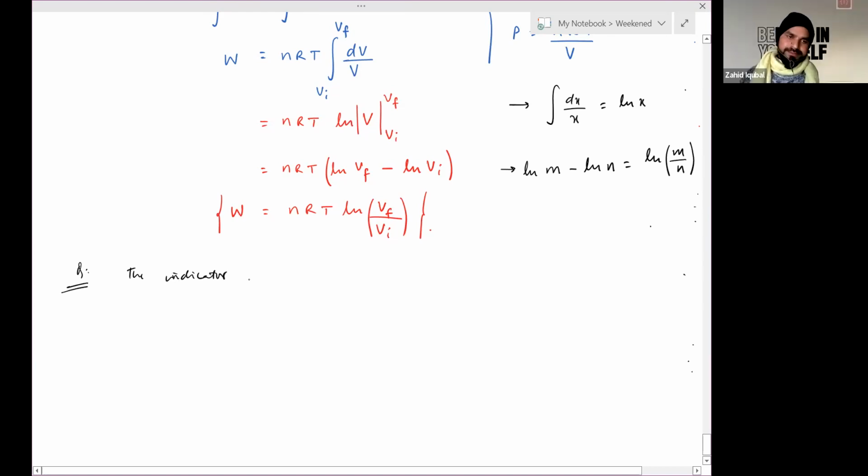The indicated graph between pressure and volume for an isothermal process is given.